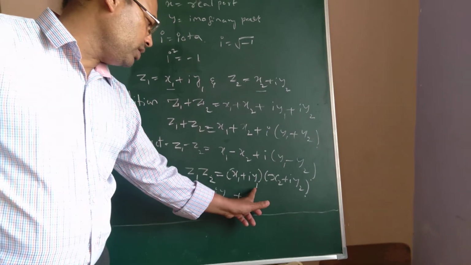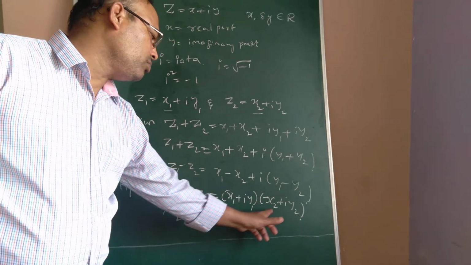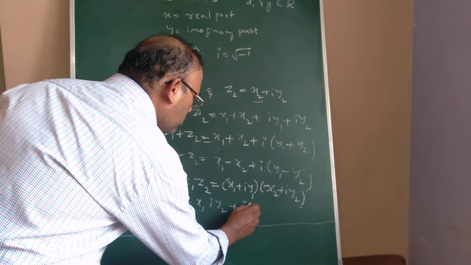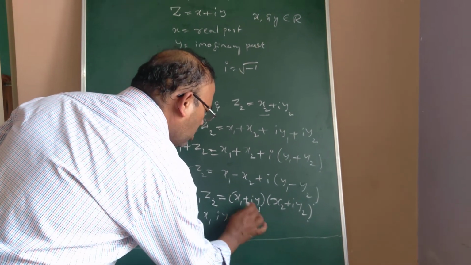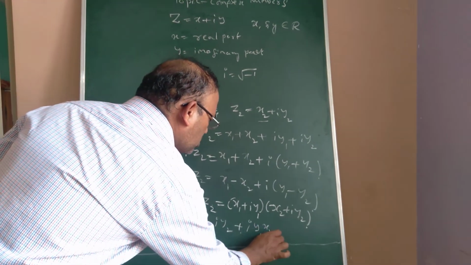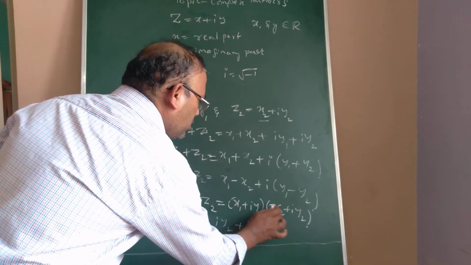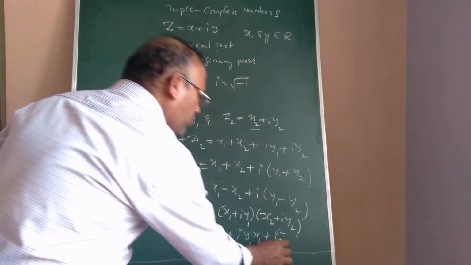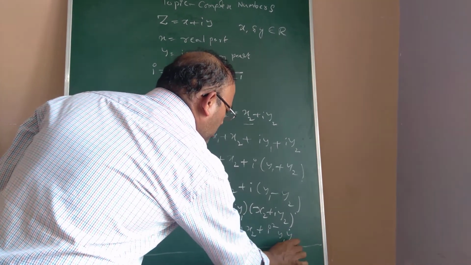Again you can multiply the second term of this complex number with this bracket, that is iy1 x2 plus i into i square y1 y2.